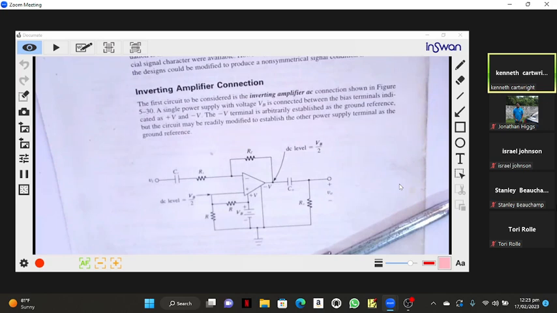Folks, isn't it obvious what will happen? All right, let me ask a question more directly. What would be the DC voltage across RO?